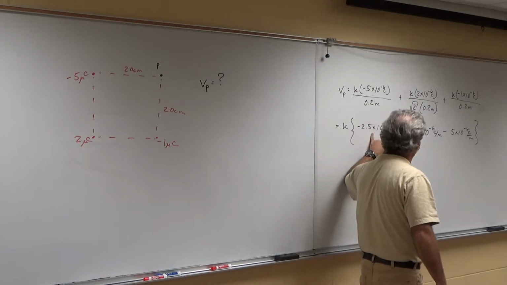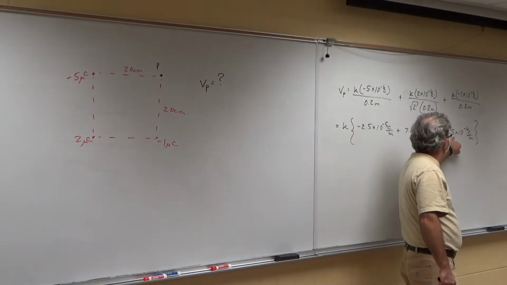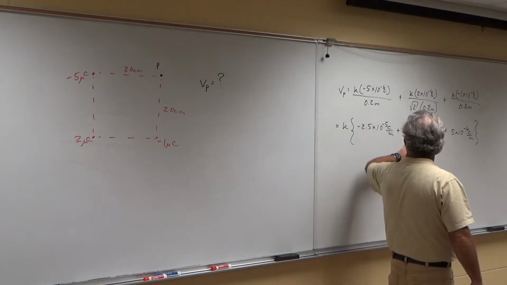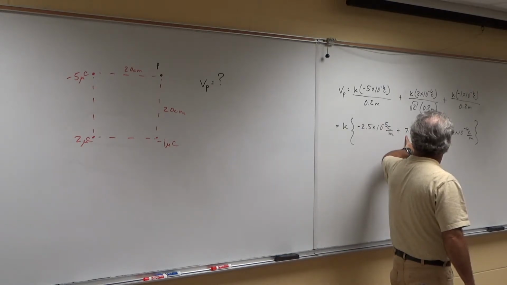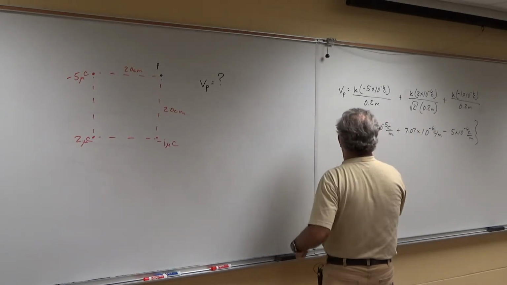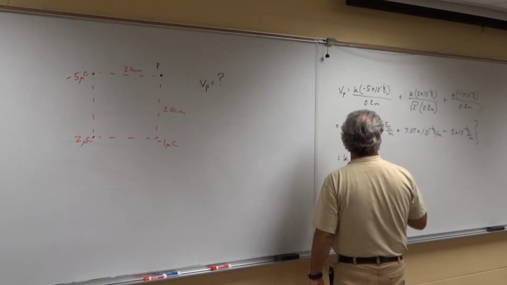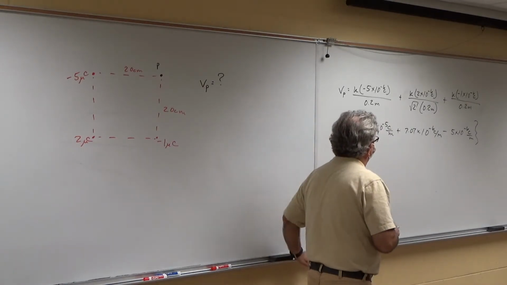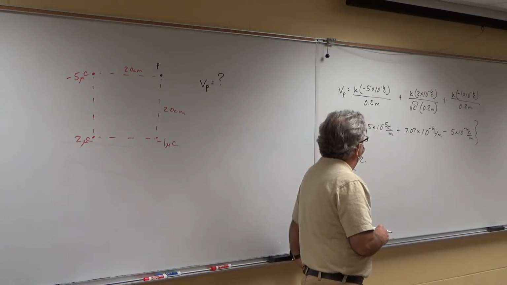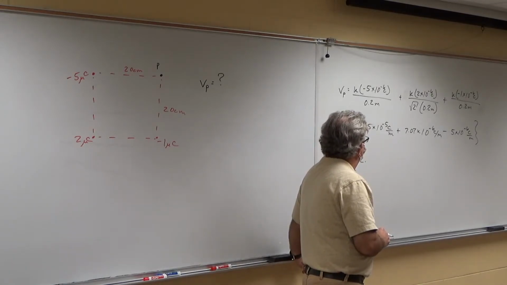All right, so add them up. This is 25 minus 5, that's -30. So I'm guessing 2.9. Okay, 2 point something.